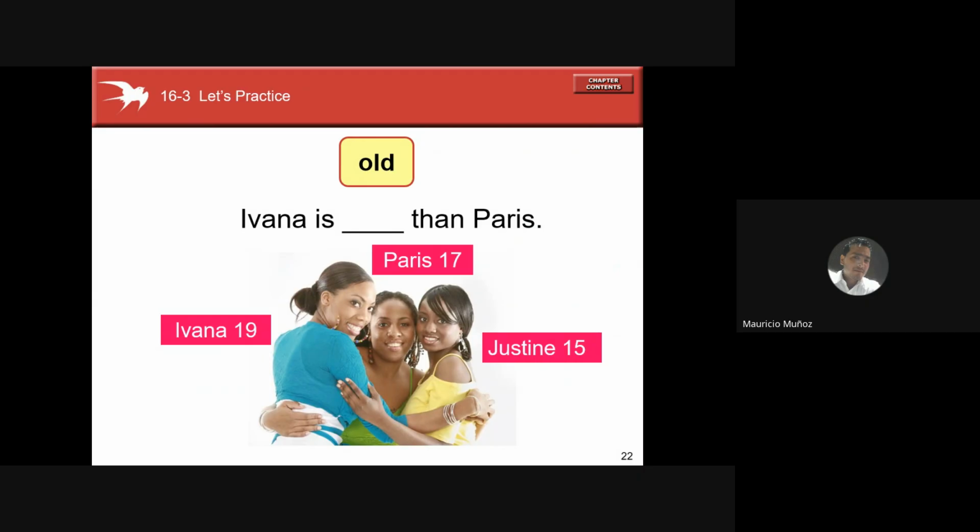Girl number two, Paris, 17 years old. And girl number three, Justin, 16 years old. So we're going to compare Ivana and Paris. And we have the adjective old. Once again, I want you to look at the picture and also check the ages. Yes, that's correct. Ivana is older than Paris. Good job.